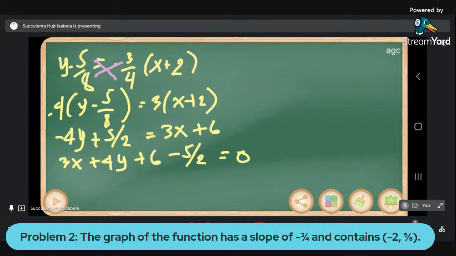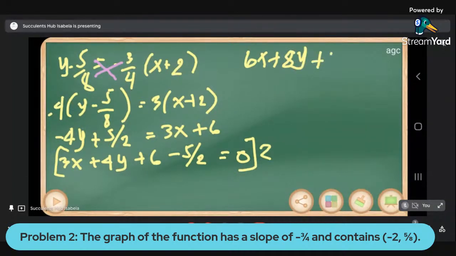To make it easier, you can immediately eliminate the fraction by multiplying 2 to all the terms. If you do that, you will have 6x plus 8y plus 12 minus 5 is equal to 0, because negative 5 over 2 times 2 will give you negative 5.